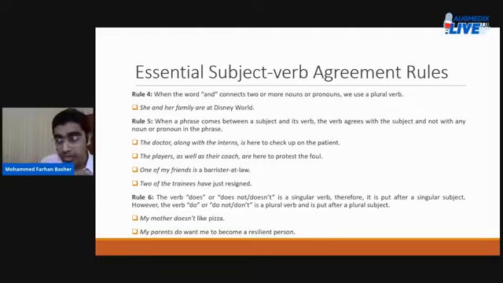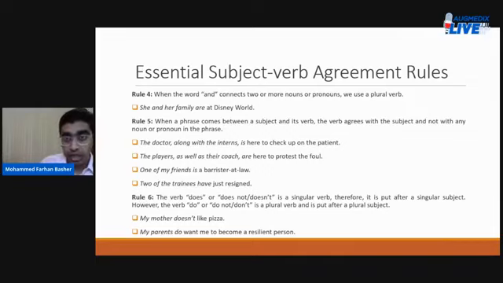So the players are here to protest the foul. As well as their coach is just an interrupting phrase, right? The verb does not agree with an interrupting phrase. It only agrees with the head noun or the head subject of the sentence.